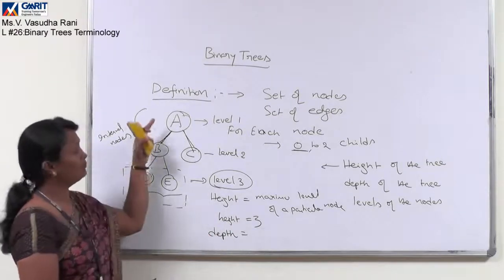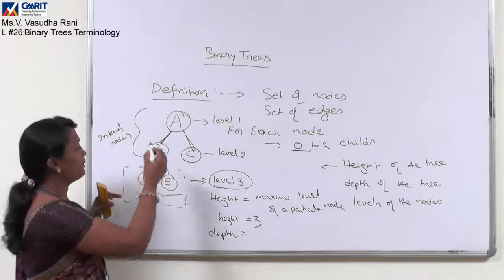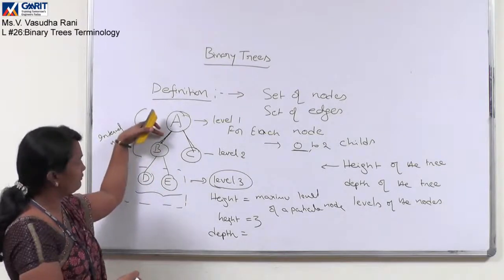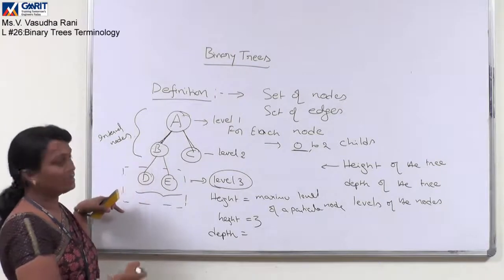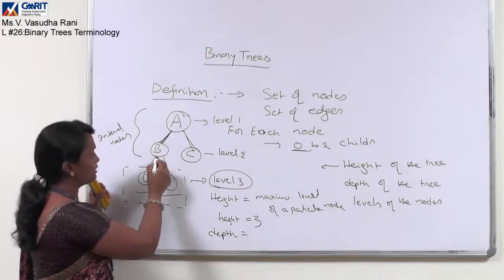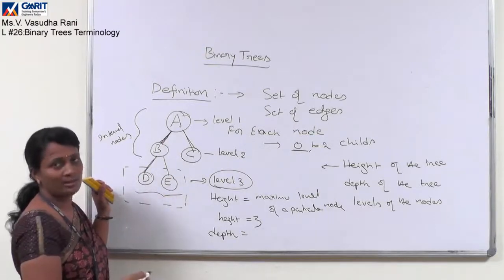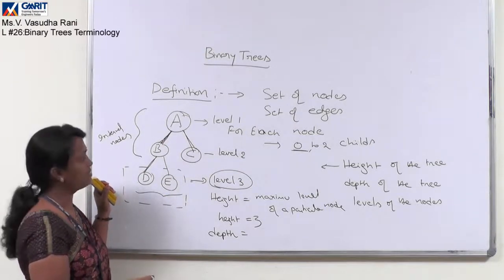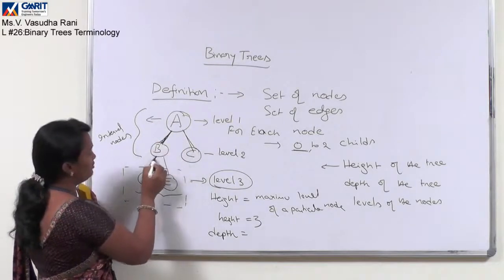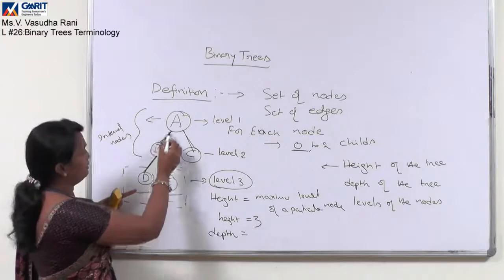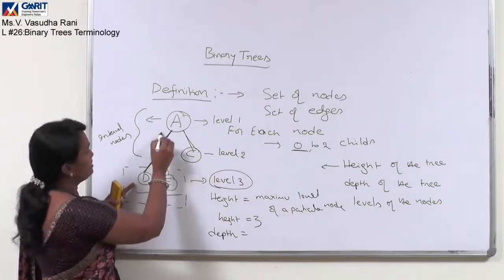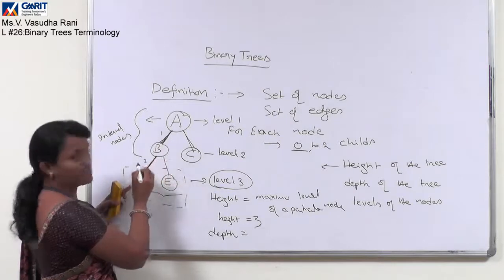depth is from the root node, the path, the count of number of edges that are connected to a particular node, and that too the maximum path, the highest path, whatever is there to a particular node, we have to consider that. Here from the root node, from A node, if we consider the path, distance of path from A to D, it is this edge it is 1 and this edge it is 2.